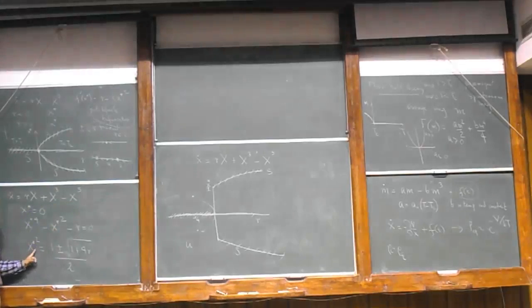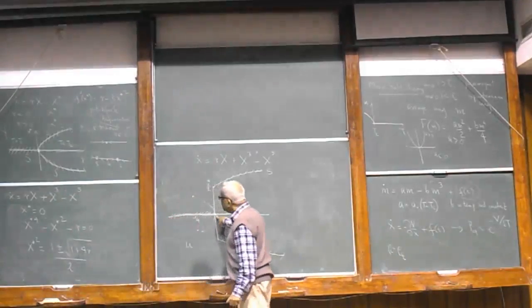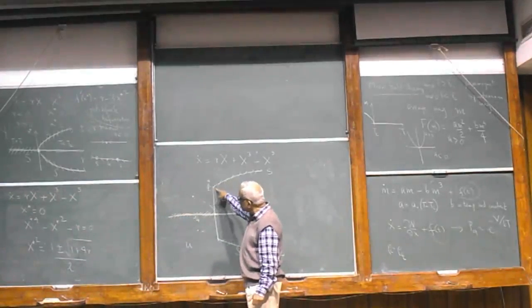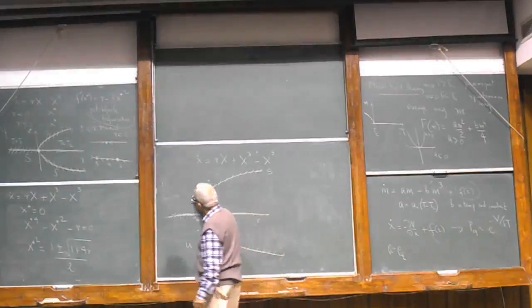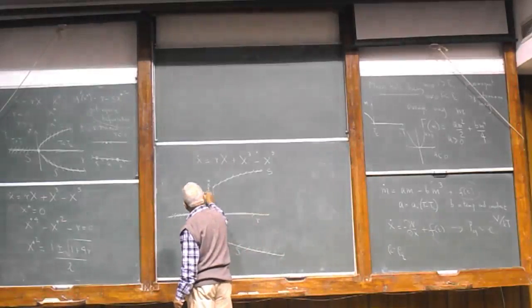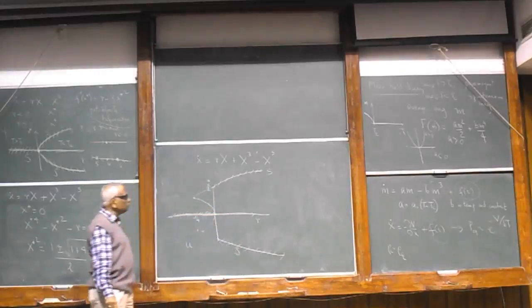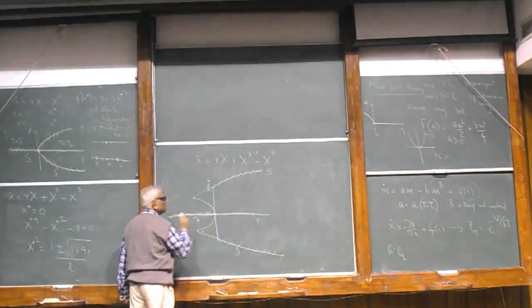There are other two, which is x star equal to 0. So this also has x star equal to 0, which is sitting over here. So this also has to be a point on this fixed point curve. There is nothing beyond this, and therefore if you looked at this carefully, you would find that this becomes a turning point, which goes like that, and similarly the reflected thing over here.